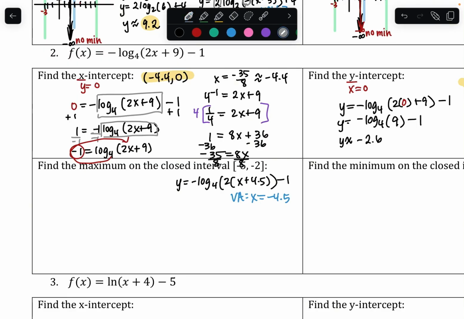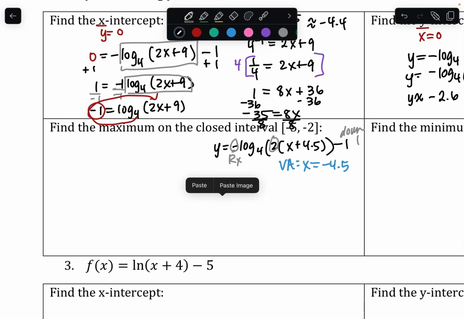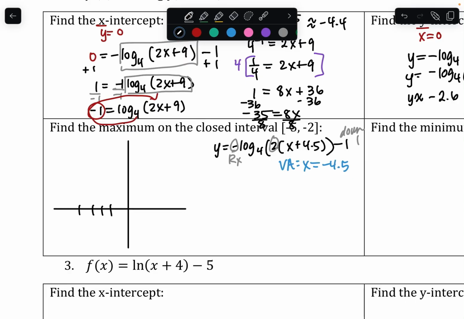We've also moved down 1. We've horizontally compressed by 1/2, but we don't really have to consider that for our picture. We do need to consider the reflection across the x-axis. And so starting with the asymptote, we have negative 4.5. So right in between negative 4 and negative 5.